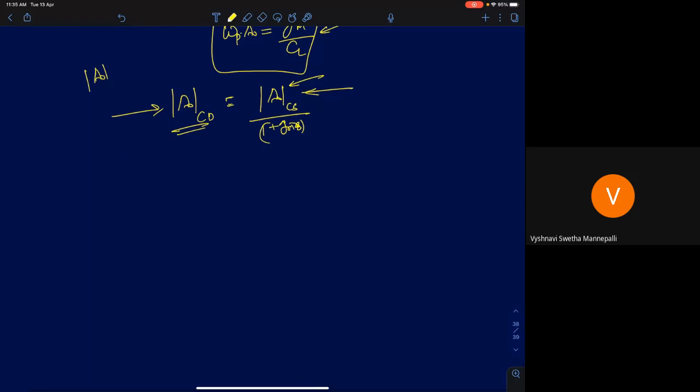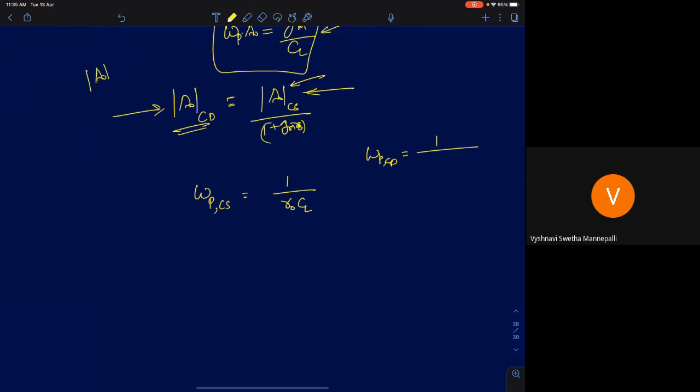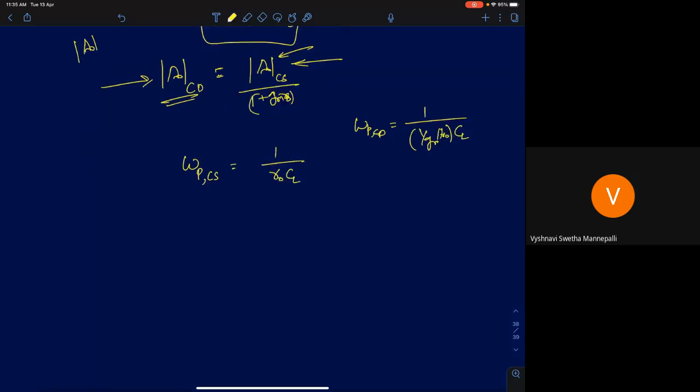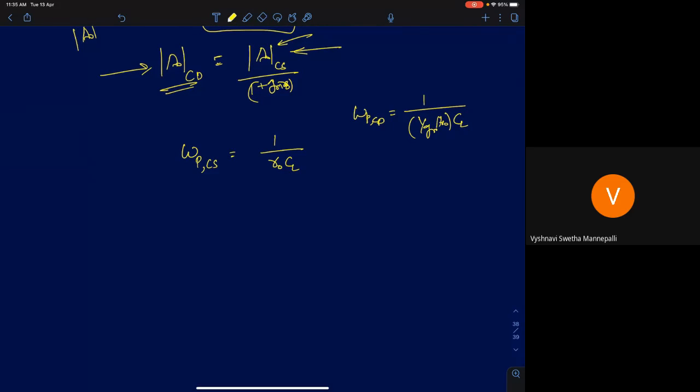Now, what about the pole? Omega P common source is simply 1 upon R0 into CL. Omega P common drain is 1 by GM parallel R0 times CL. Let me make a quick comparison.